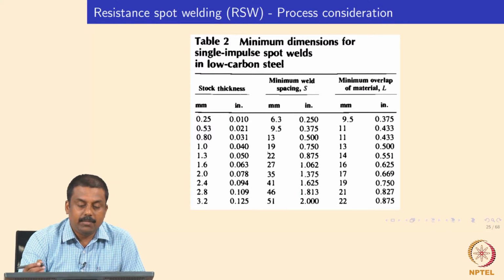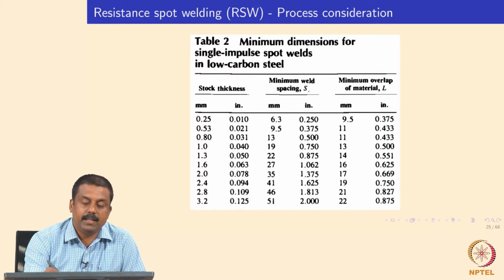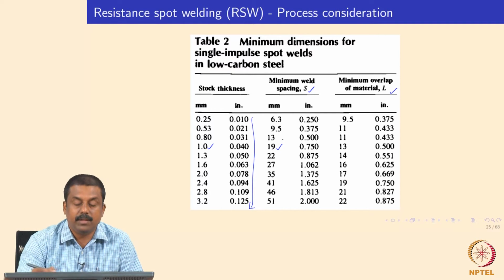Again, this table shows the minimum dimensions for the weld nugget diameter and overlap distance, and the minimum weld spacing, the S and L in the previous graphs, based on the thickness of the plate. Suppose you have 1 mm thickness, your S, the minimum weld spacing, must be 19. You can use more than 19, but then you have a problem with partitioning, and it may affect your stiffness.